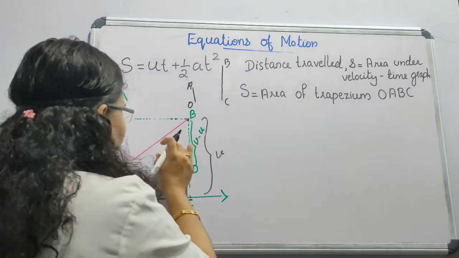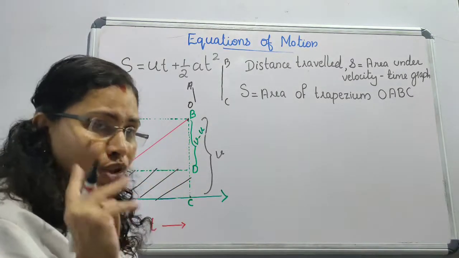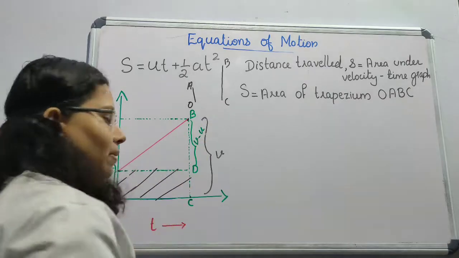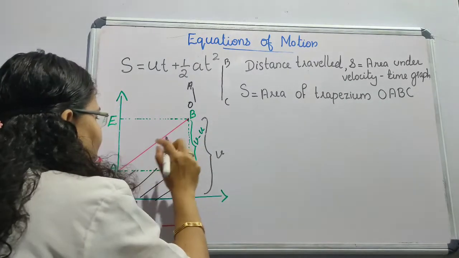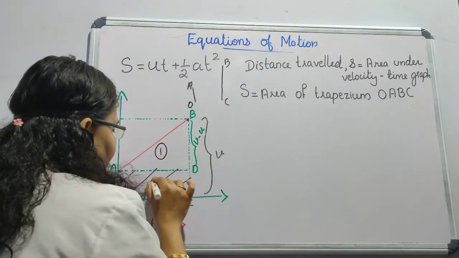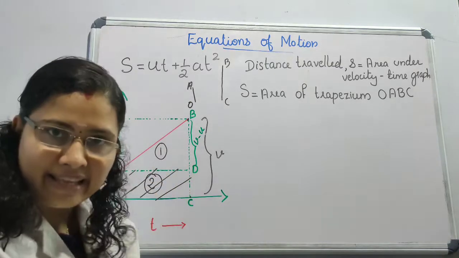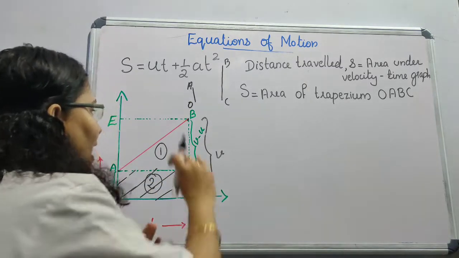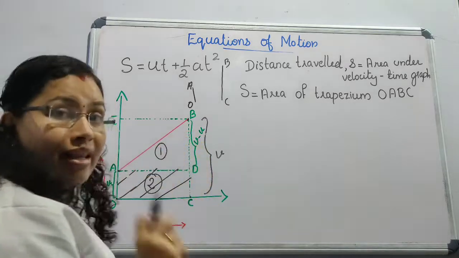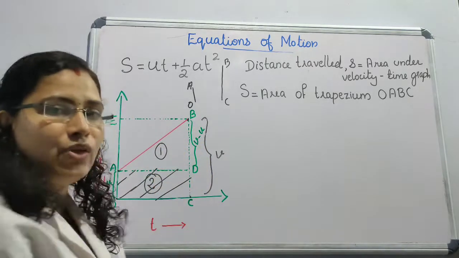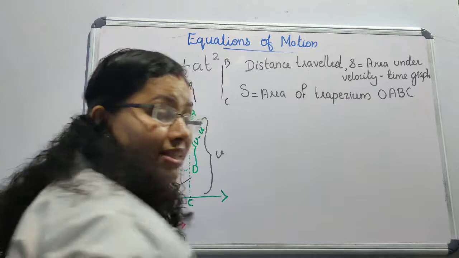You can see two shapes in this trapezium: one is a triangle and the second is a rectangle. When we add the area of the triangle to the area of the rectangle, we get the area of the trapezium.